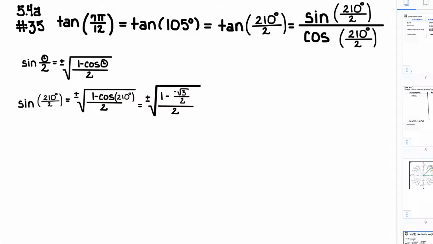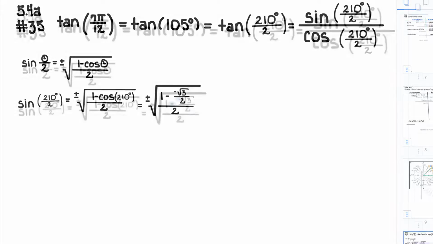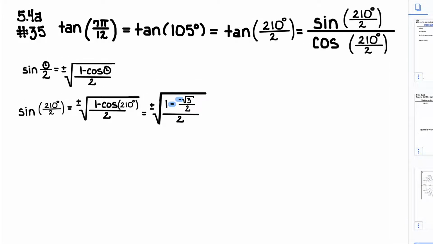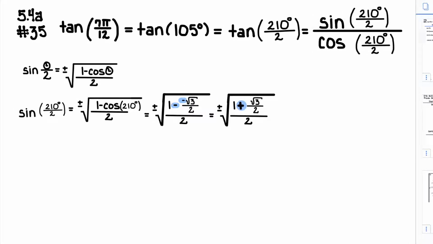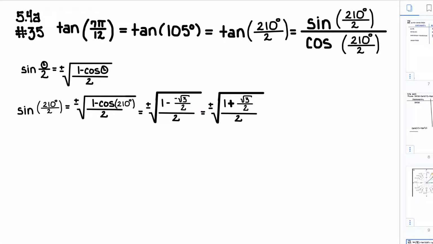Next, let's simplify just a bit. We can start by replacing the negative negative with a plus. Next, we will want to get rid of the fraction within the fraction. We can do this by multiplying the numerator and denominator by 2.